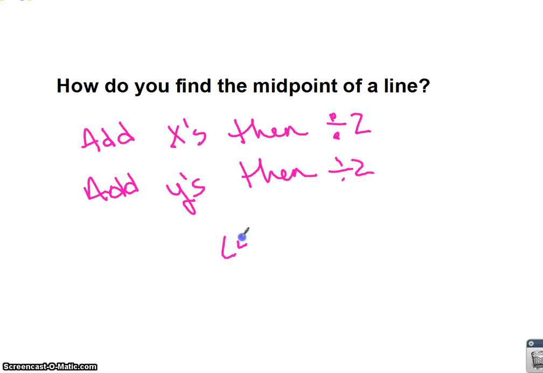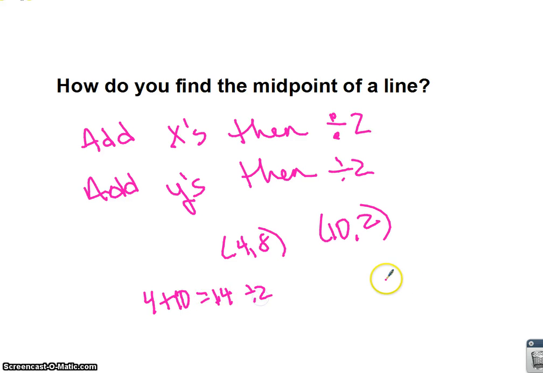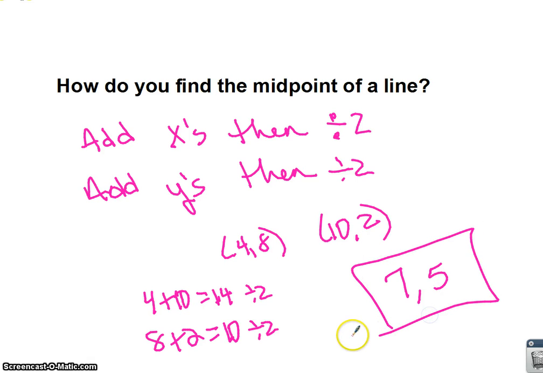So if you have (4, 8) and (10, 2), you're going to go 4 plus 10 equals 14, divided by 2 is 7. And you're going to go 8 plus 2 is 10, divided by 2 is 5, and this is your midpoint. Make sure that you hit enter before you divide by 2, and it's always going to divide by 2.